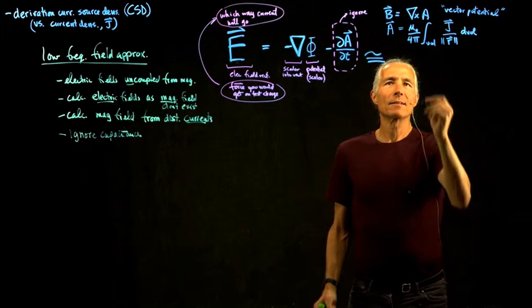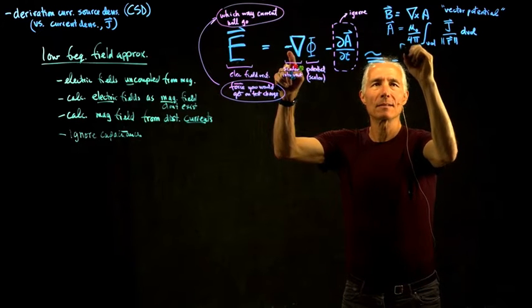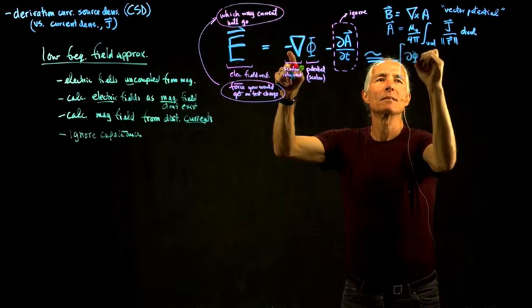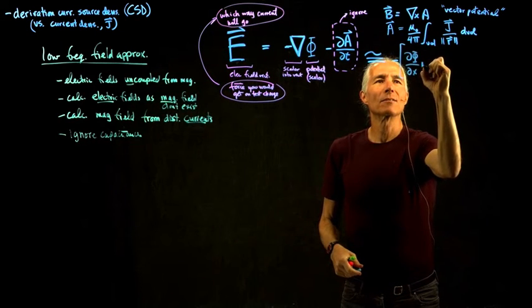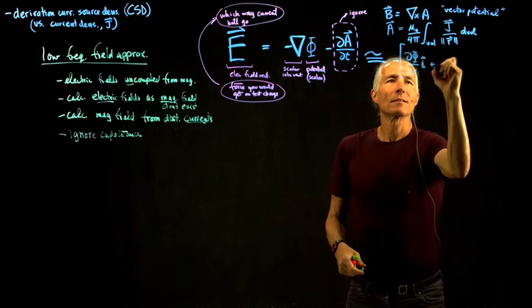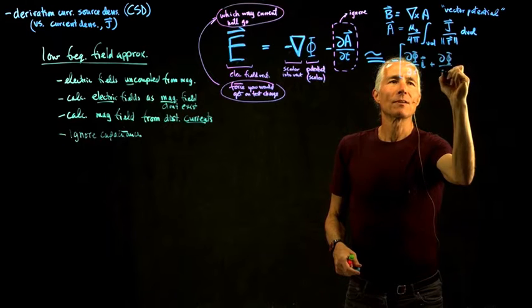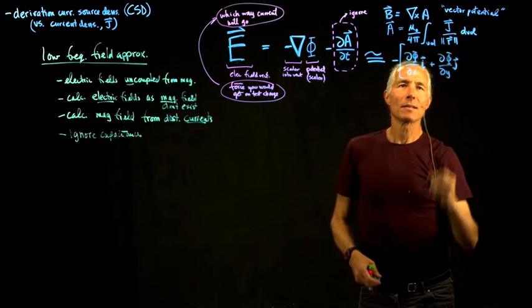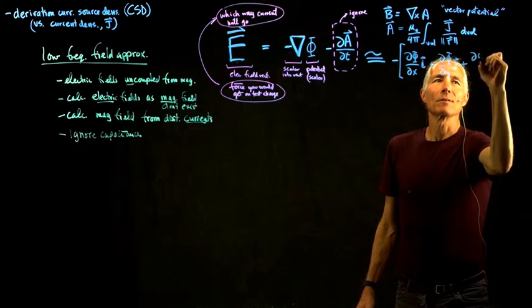And what is the gradient? We still have that minus there. So it's the minus of how the voltage changes in the x direction times the x unit vector, plus how the voltage changes in the y direction, plus how it changes when you go in the z direction.